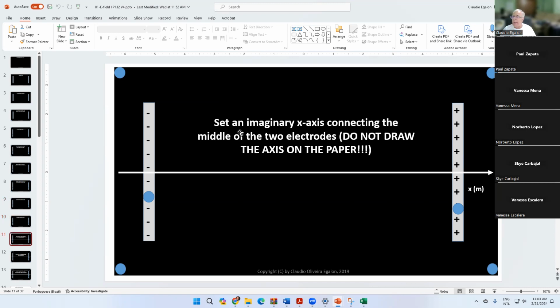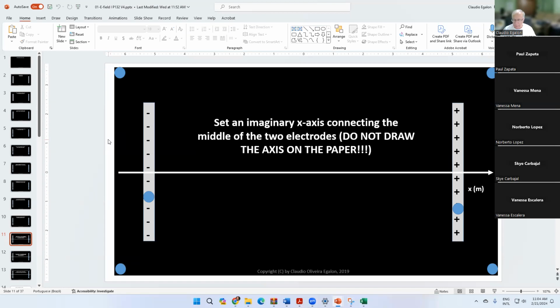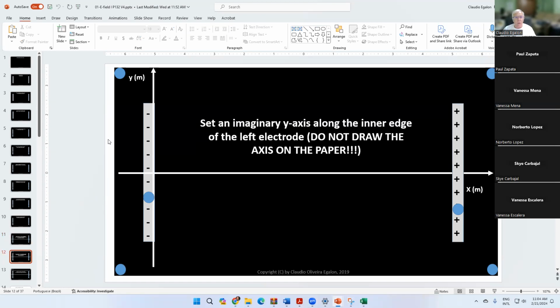And then here you go, x-axis, okay? When I perform those experiments with my students, I ask them to put an x-axis right in the middle of the electrode. Here is going to be the origin of my x-axis. Next is going to be the y-axis. So all those x and y coordinates that you see there in the spreadsheet are with respect to this x-y axis with respect to the electrode, okay?